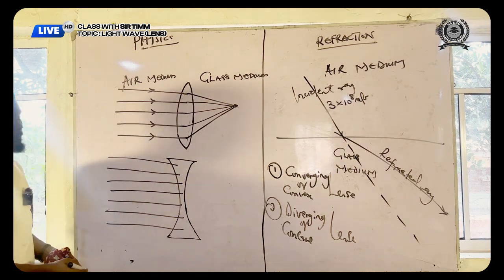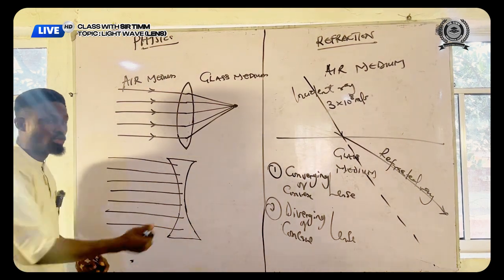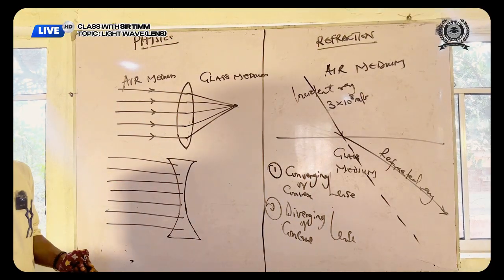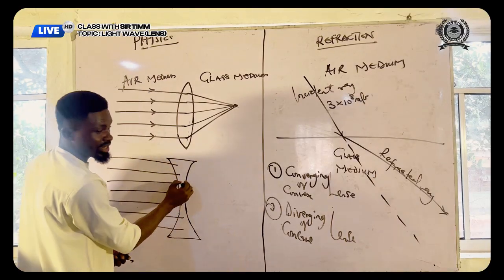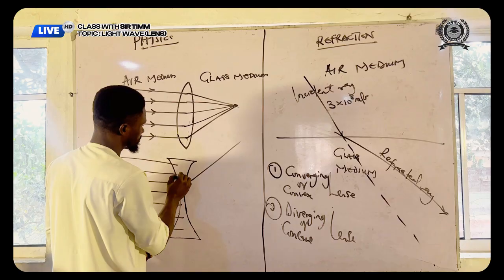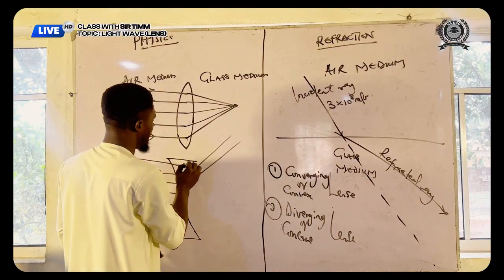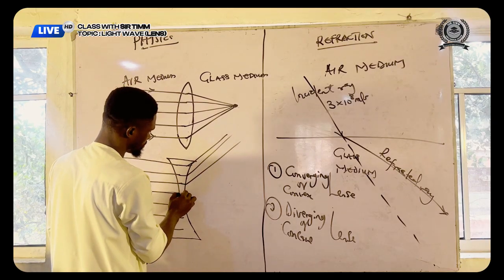are you with me? What do you think? On the inside, the inside looks what? Diverging. Am I communicating? So what do you think? Once after refraction, they begin to do what? They begin to diverge, isn't it?